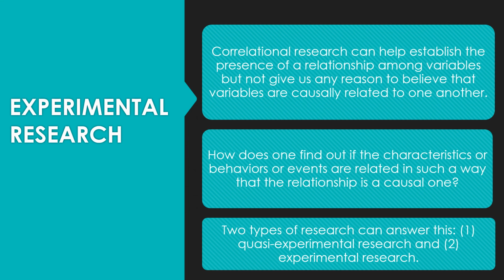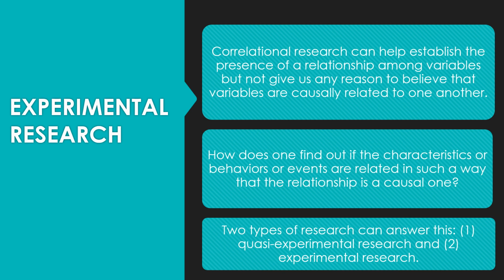The next one is experimental research. The correlational research just now can help establish the presence of a relationship among variables, but does not give us any reason to believe that the variables are causally related to one another. So we need something to verify this.